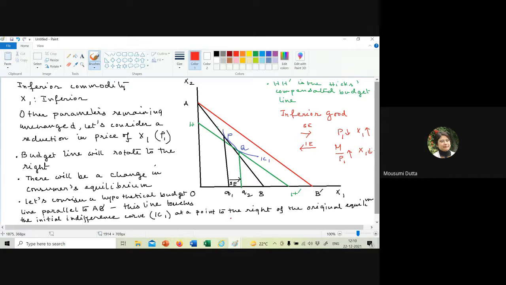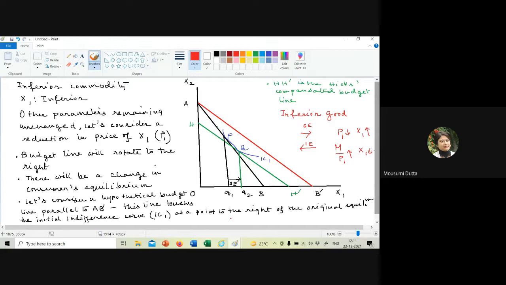In the case of a normal good, the income effect also suggests there will be some increase in demand. However, in the case of an inferior good, the income effect suggests there will be a reduction in quantity demanded for X1, so there will be a movement in the opposite direction of the substitution effect.